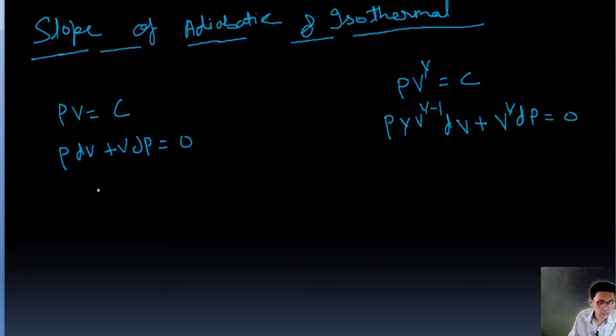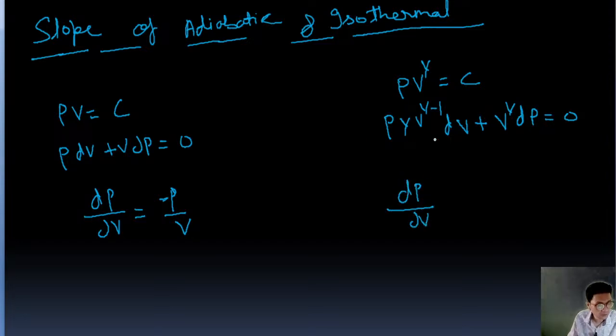From here, we can get dP upon dV equal to minus P upon V for isothermal. And similarly here, we get dP upon dV equal to minus gamma into P upon V.